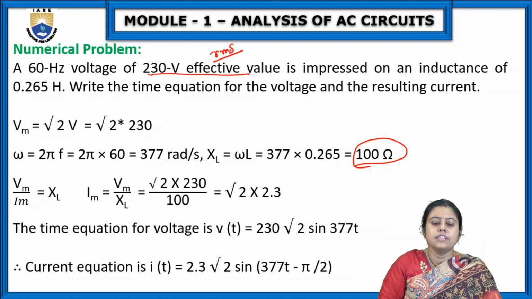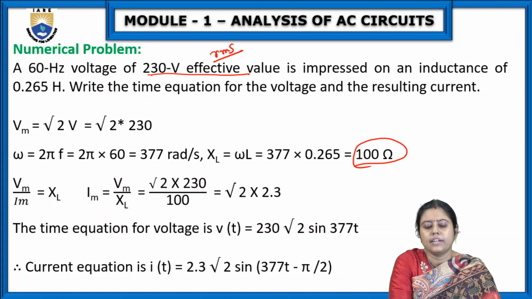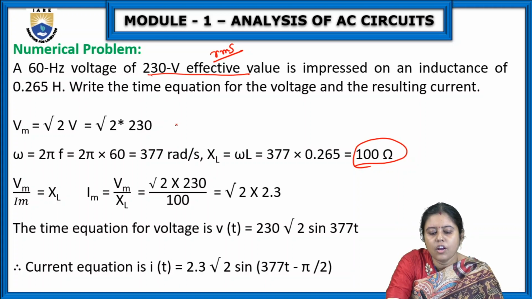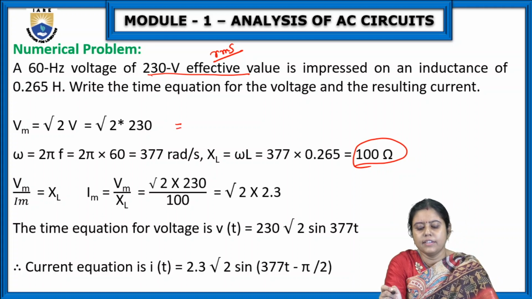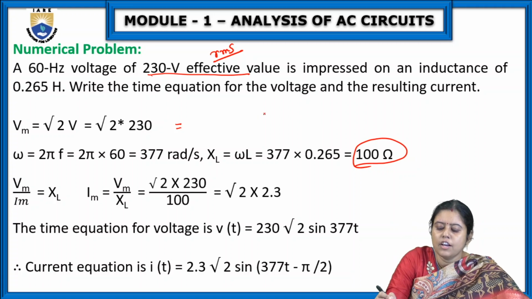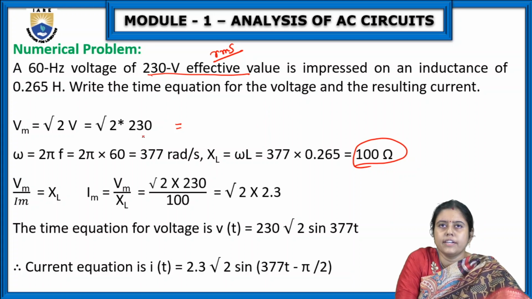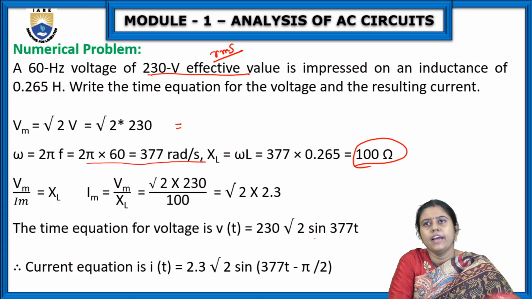As we already discussed, the maximum voltage is root 2 into V, that is root 2 into 230. So the voltage equation is 230 root 2 sin 377t.